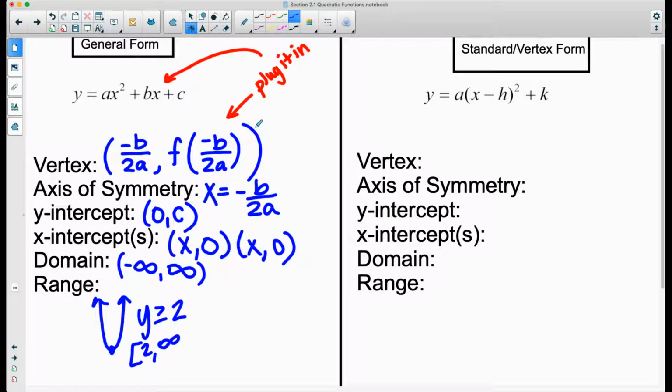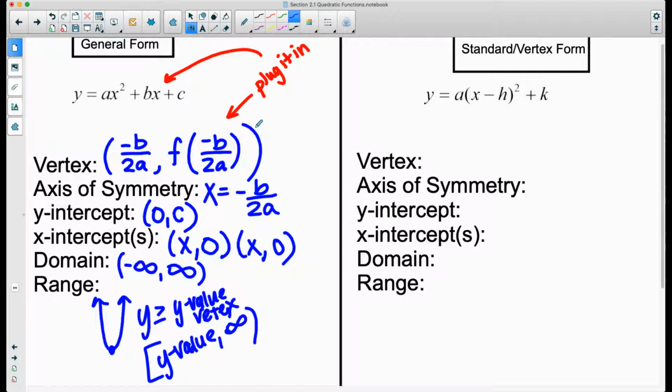Actually, let's generalize this. It would be the y value of our vertex. Same thing goes, it would be the y value of our vertex to infinity.